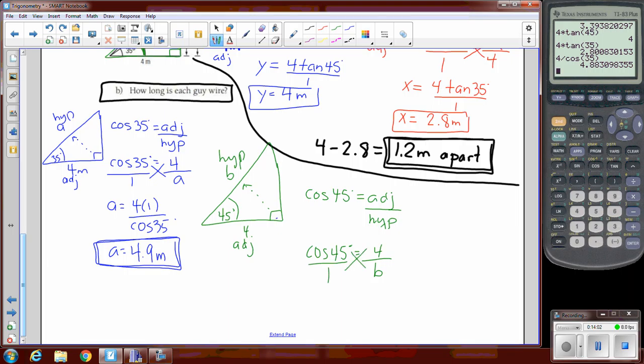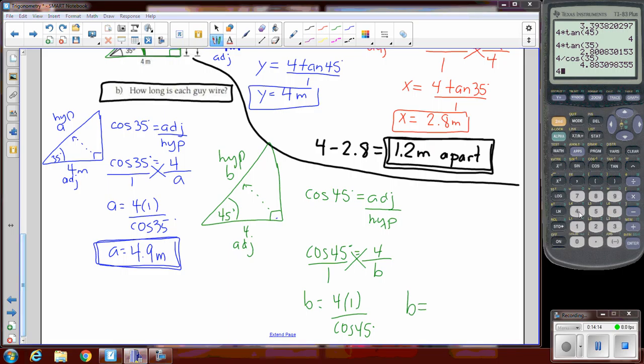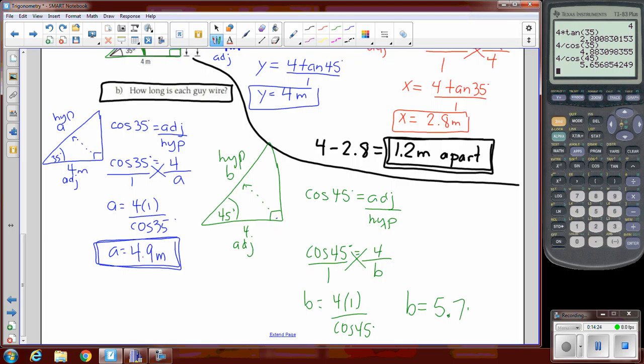We've had a lot of practice cross multiplying by this point. B is 4 times 1 divided by the cos of 45 degrees. So if I crunch this number out, we got 4 times 1, which is 4, divided by the cos of 45 degrees. And to 1 decimal place, that other guy wire is longer, and it's 5.7 meters long.